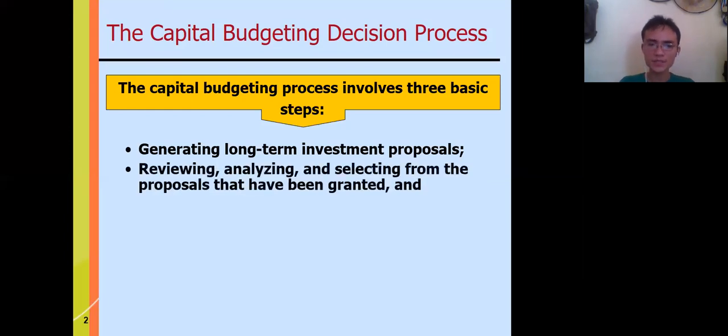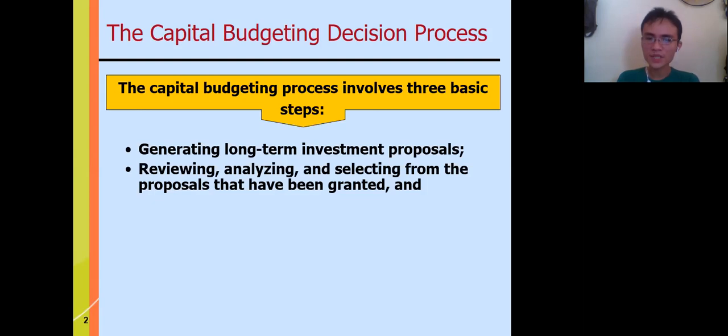Then after that, it will be forwarded perhaps to a certain department in charge for analysis, or probably a superior or supervisor. Then the review, analysis, and selection from the proposals that have been granted. It's very important to review because for all we know, there are certain items there that are irrelevant to our project.